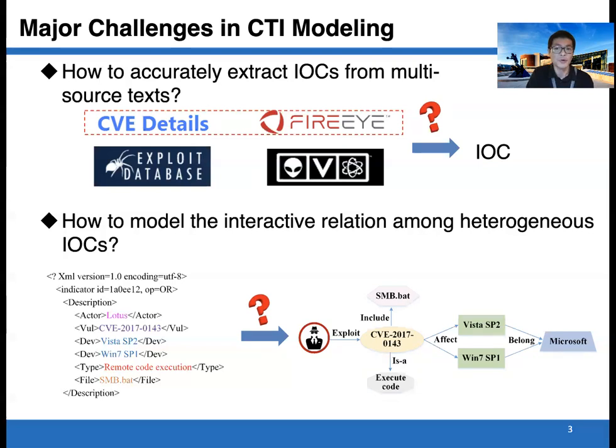For example, what is the relationship between two vulnerabilities? Are they targeting the same platform or the same devices? Therefore, establishing and modeling the interactive relationship between heterogeneous IOCs is crucial to reveal a complete threat landscape. And our work tries to establish such a relationship between IOCs.